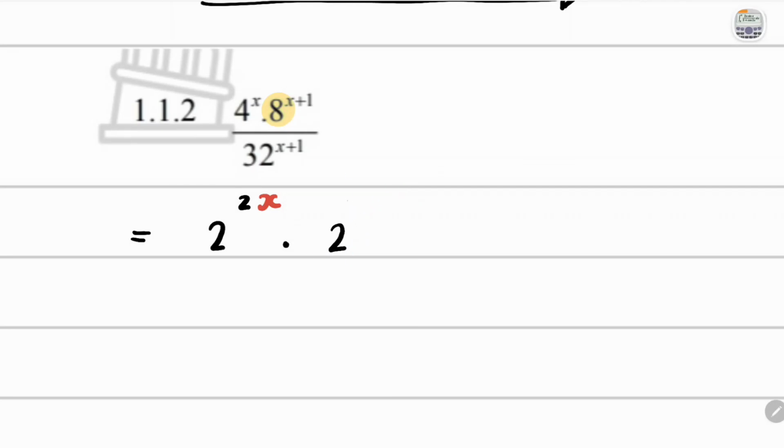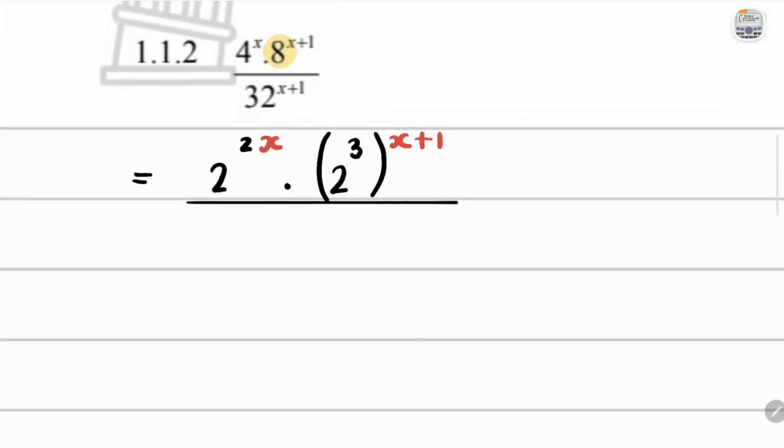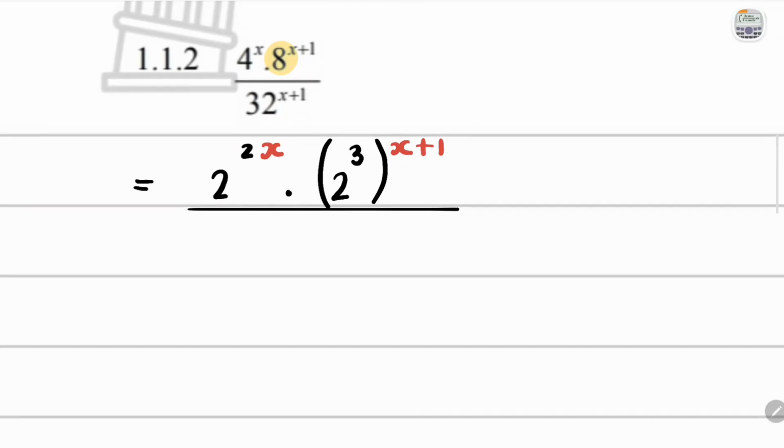That's 2 to the power of 3. Now, here's the thing. With 8, you see that the exponent has 2 terms. So because this is 8, that exponent is going to be outside of these brackets, and then it's going to multiply with that exponent of 3. Okay, so you still have there x plus 1 all over. And then we have 32. 32 also has a prime factor, okay?